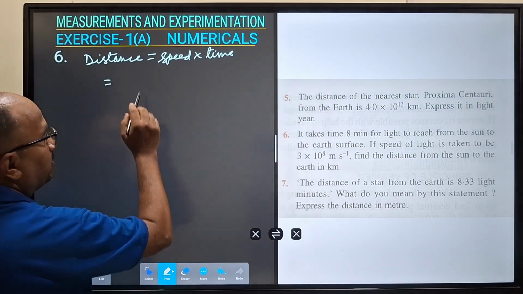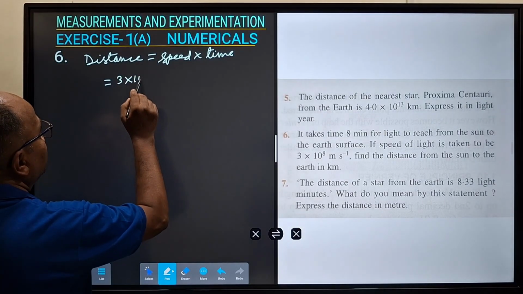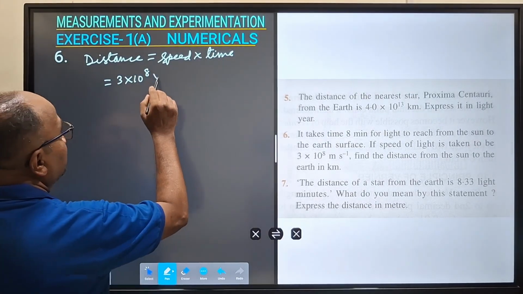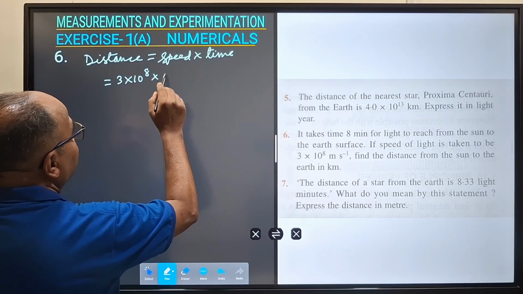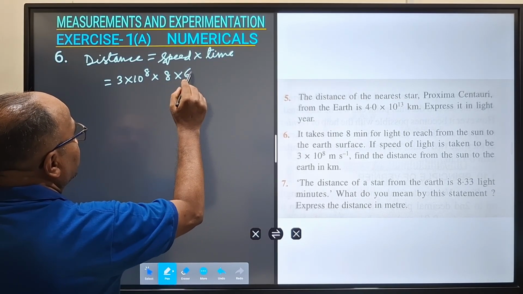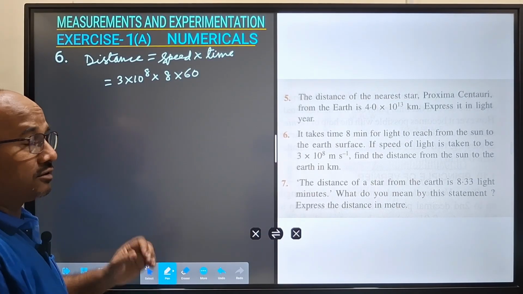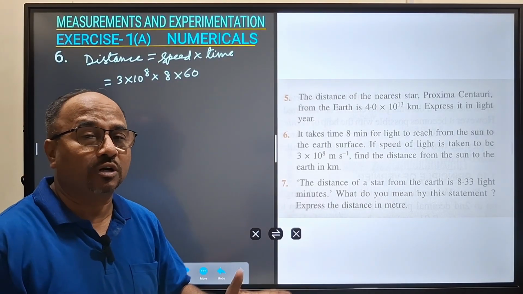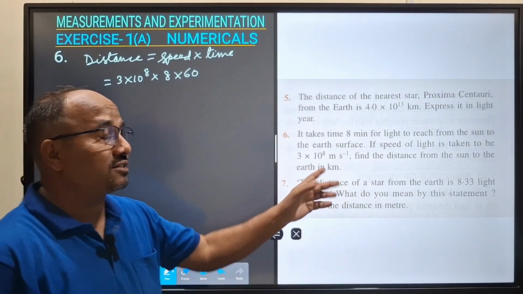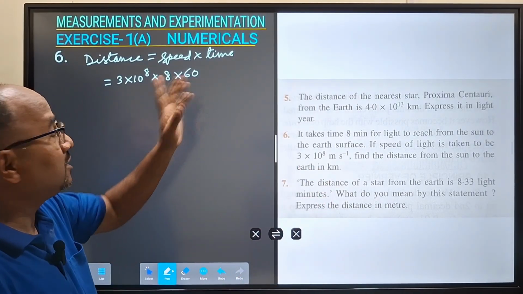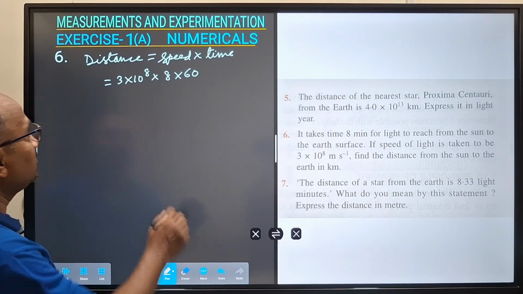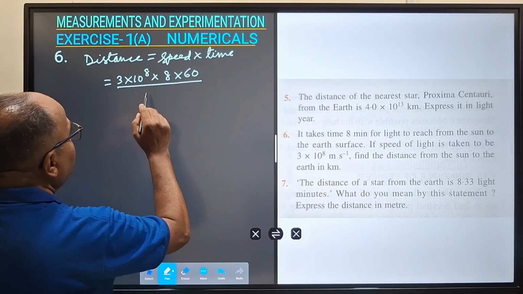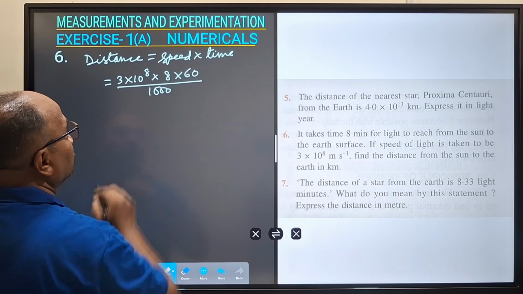So here the speed is 3 into 10 to the power 8. It is in meter per second. Time is given as 8 minutes. So it should be multiplied by 60 to convert it into seconds. And since the distance is asked in kilometer, this will be in terms of meter, so I divide it here by 1000.